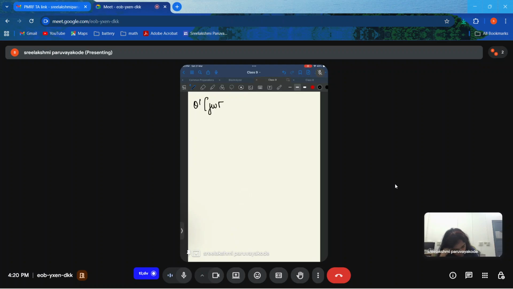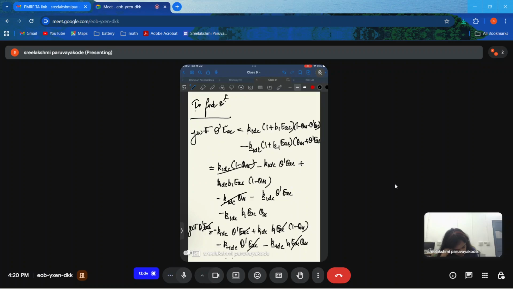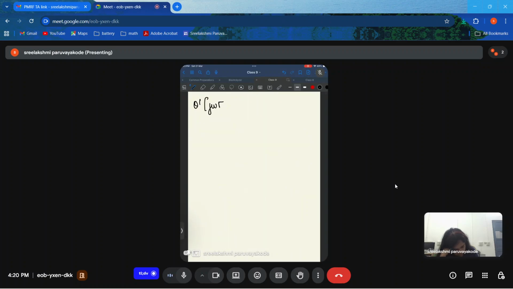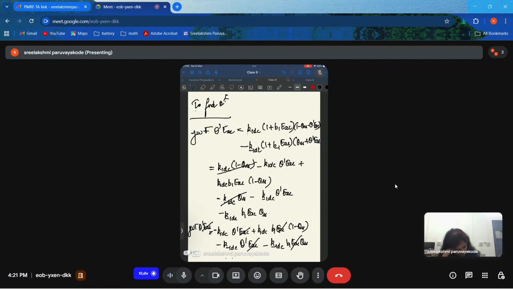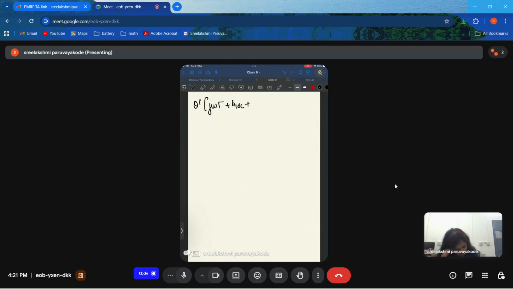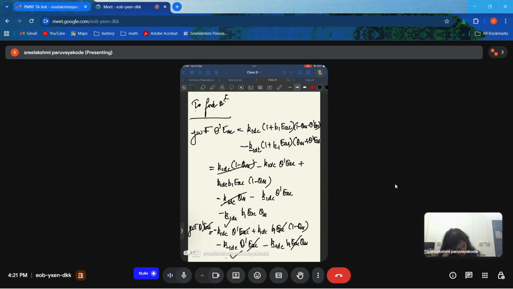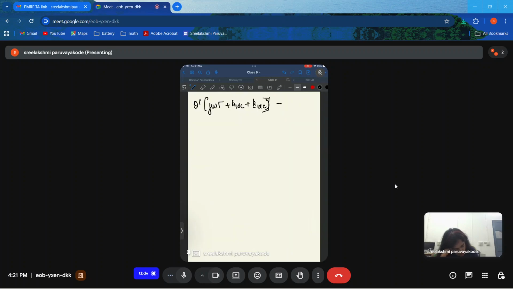J omega gamma plus K1 dc. So this term I have taken. Then which term comes? K minus 1 dc is there. The last term also doesn't have anything.